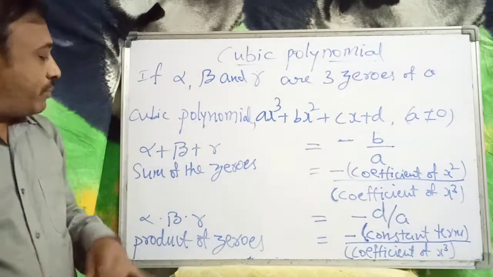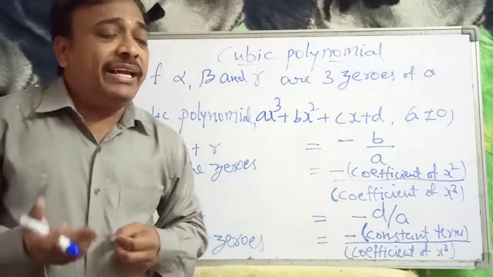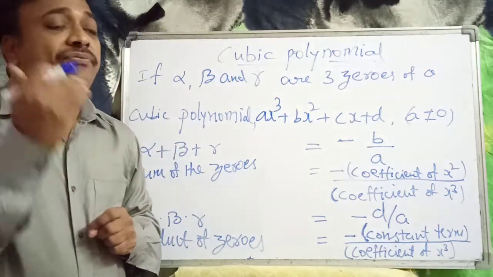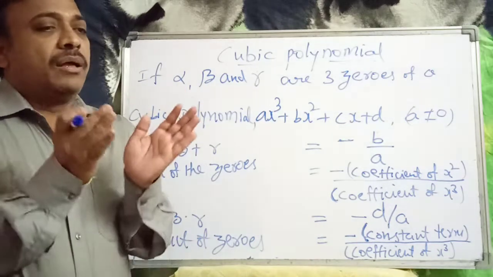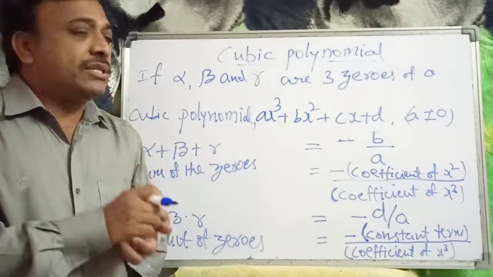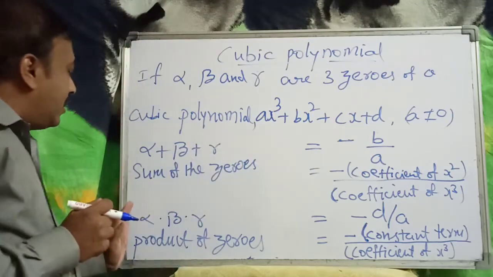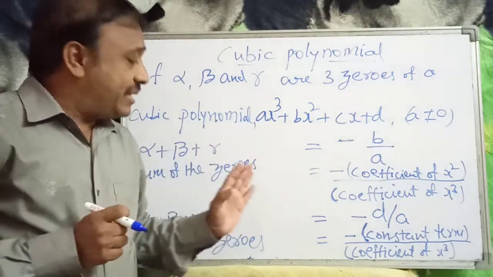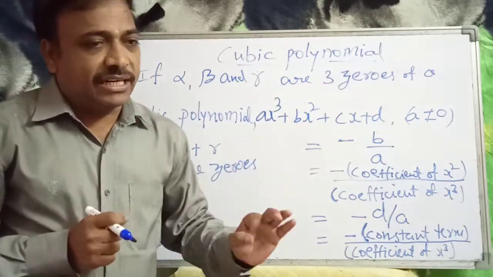Still we have one more, because three zeros are there, and we have one more, that is the third one.